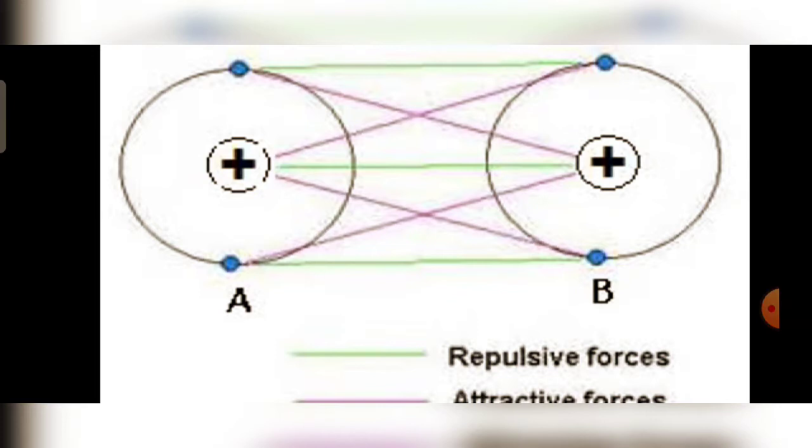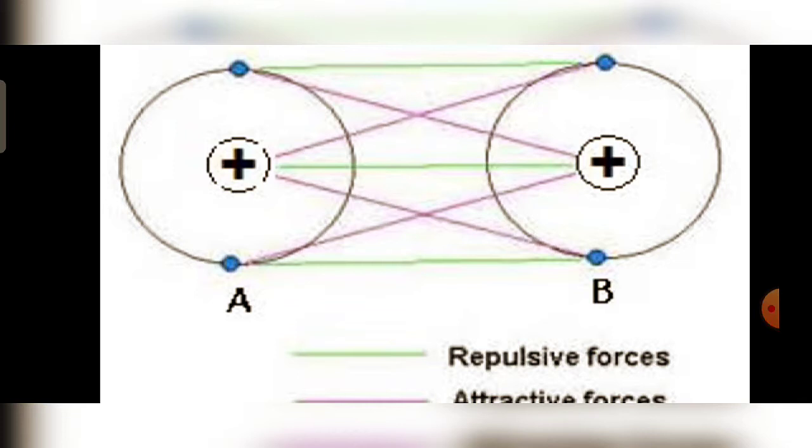So when two atoms come into contact with each other for the bond formation, the repulsive forces occur between the nucleus of one atom and the nucleus of another atom, because both have the same positive charge, and there are repulsive forces between the valence electrons of both atoms, but attractive forces exist between the nucleus of one atom and the valence electrons of the other.